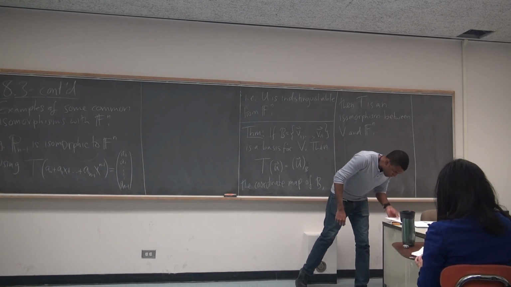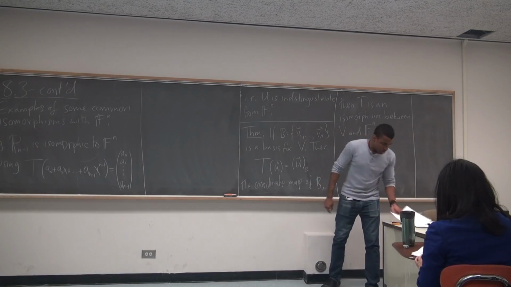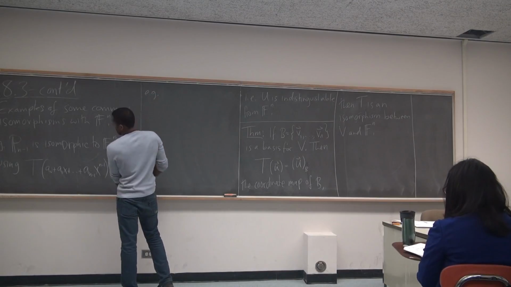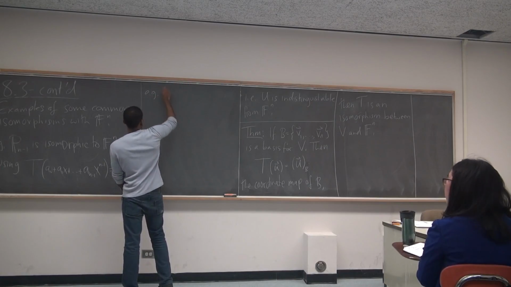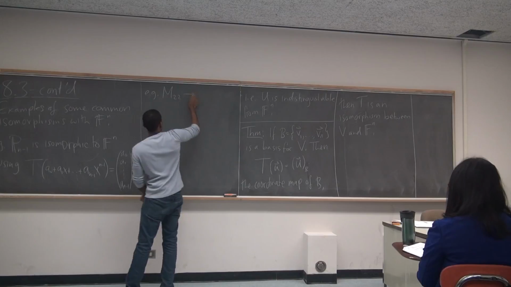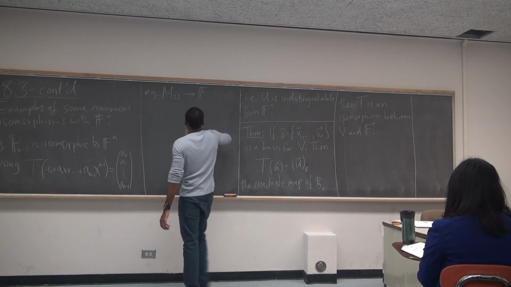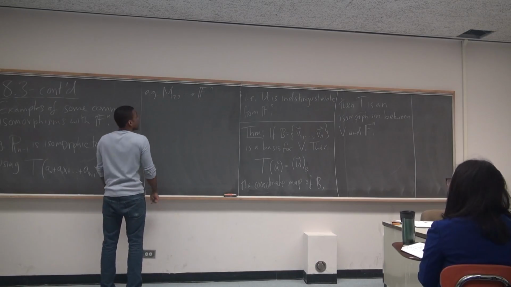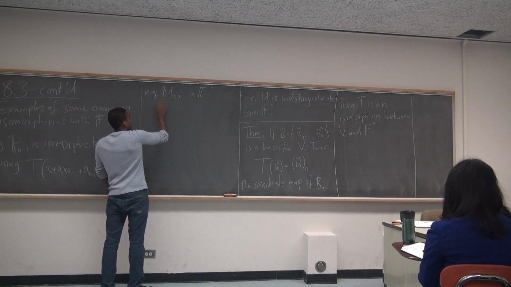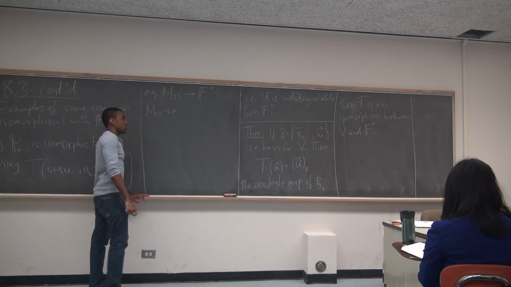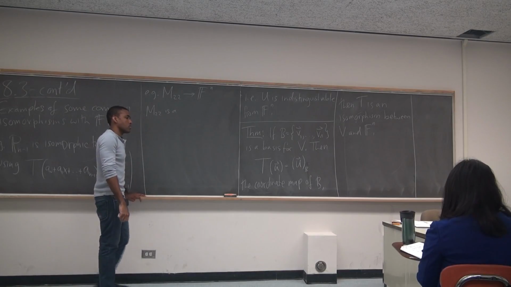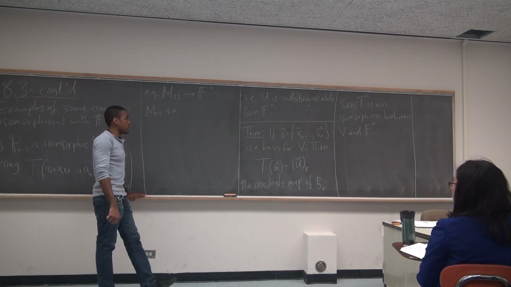Another one. Matrices is another one, where you pretty much list the rows in the vector. So something like M22 to Fn is an example. Notice that M22 is a, what's the dimension of this? It's the set of 2 by 2 matrices.